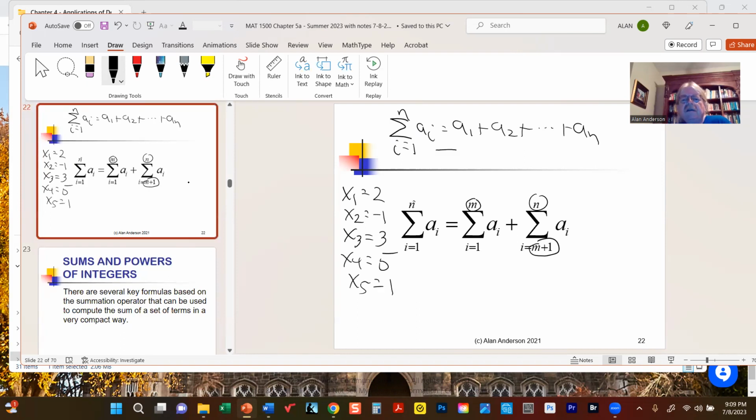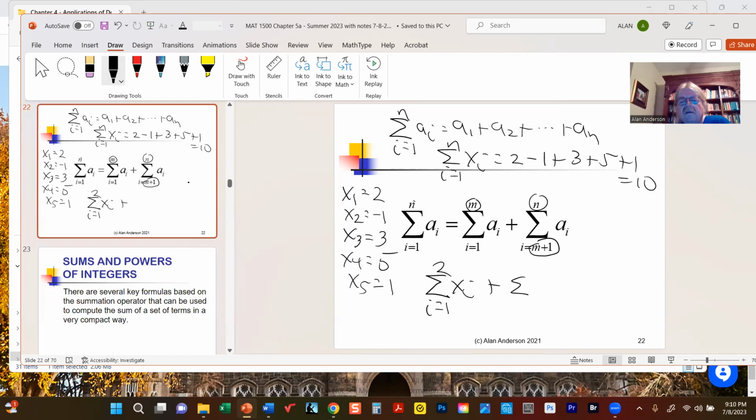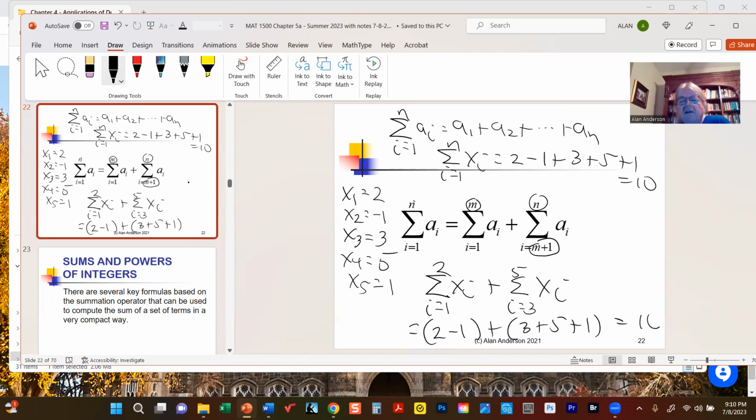We've already seen that this equals 10, but what I can do here is write it like this. In other words, this one would just be 2 plus minus 1, and this would be 3 plus 5 plus 1, and I'll still end up with 10.